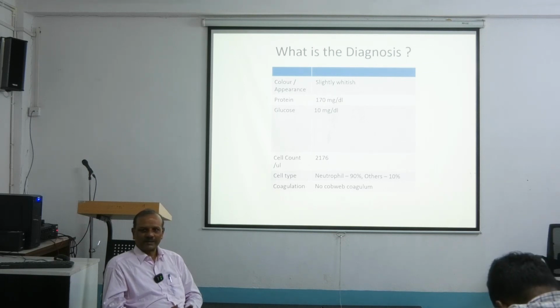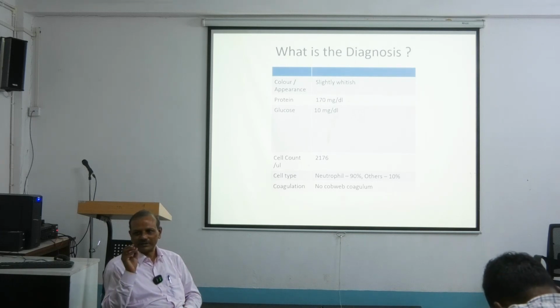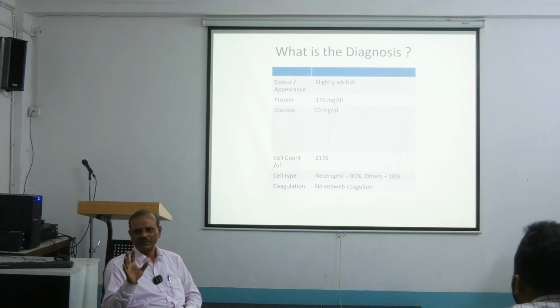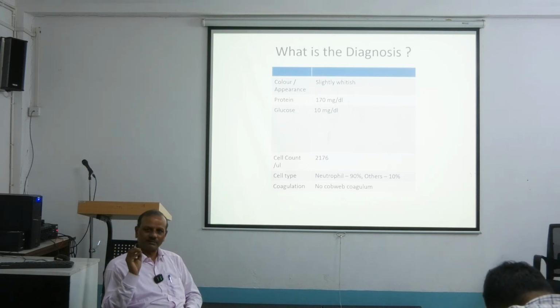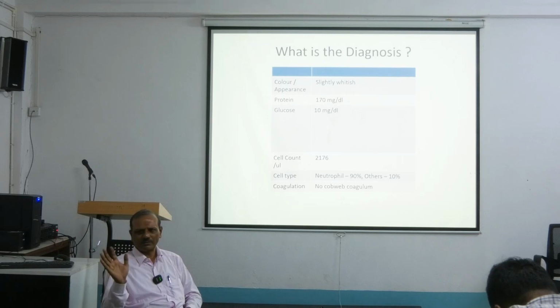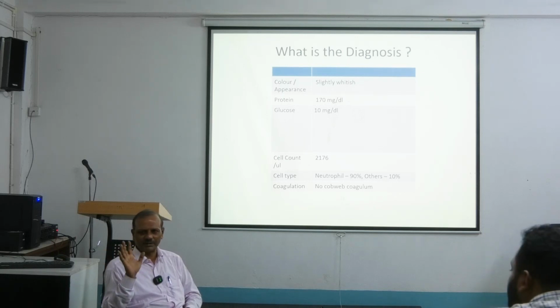Remember, whenever it is a bacterial infection, the neutrophil count will go up. If it is immunological or viral, then lymphocytes increase. For any disease, when you find polymorphonuclear cells in a patient, you always think this is bacterial. If it is lymphocyte, think viral or tubercular or something else. It is usually less likely that there is a bacterial infection.